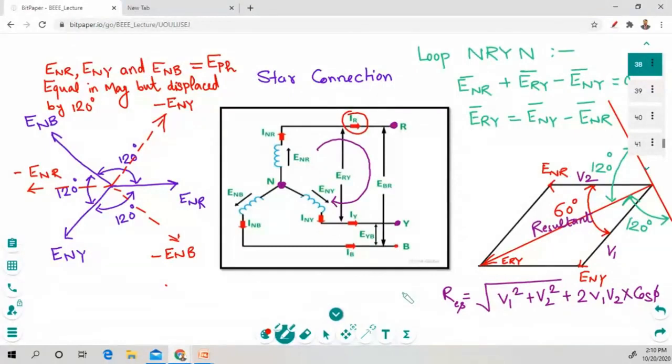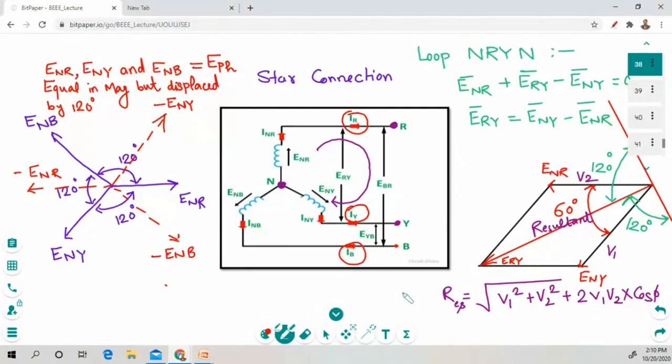Because this current is flowing to the branch R. Okay. Now IY. So this is a line current flowing through the branch Y as IY. Lastly, we have current IB. So this current is flowing in branch B. So that's why we have represented it as IB. So it is called a line current.